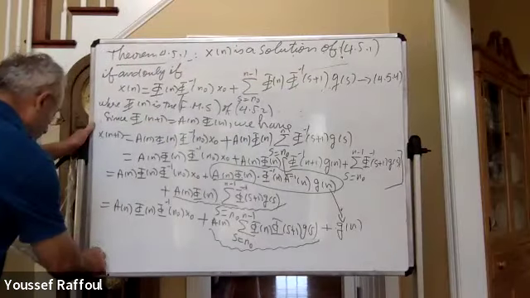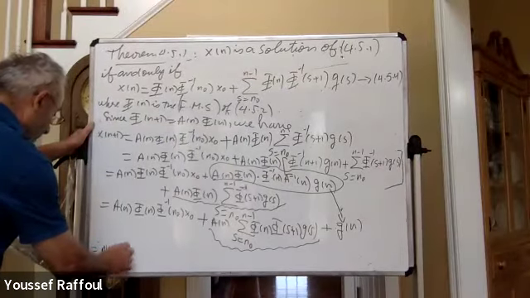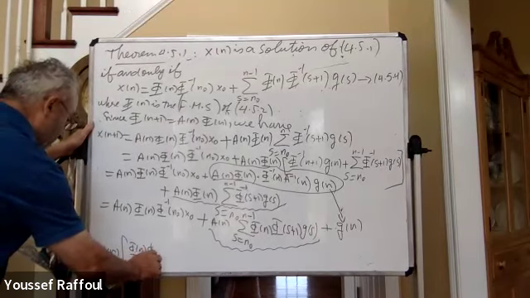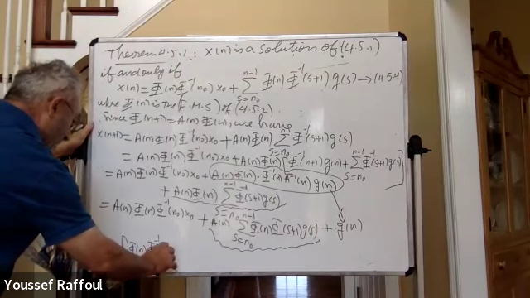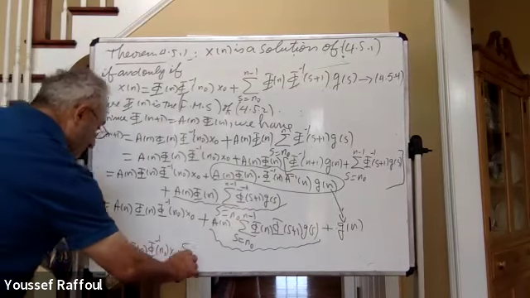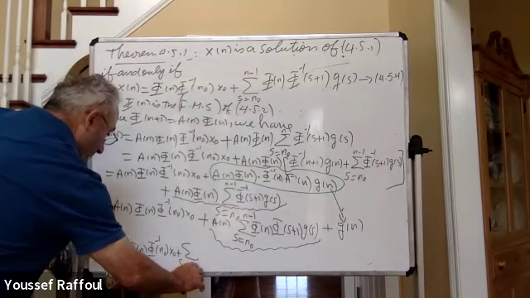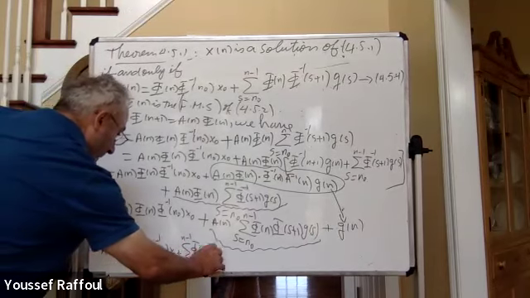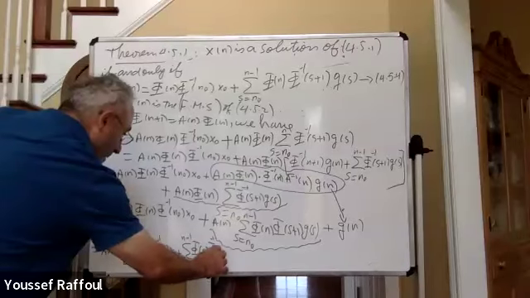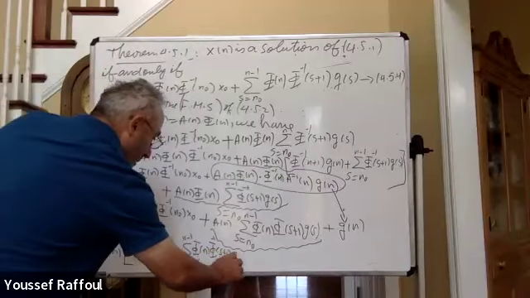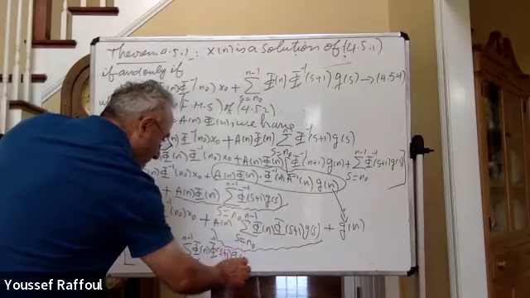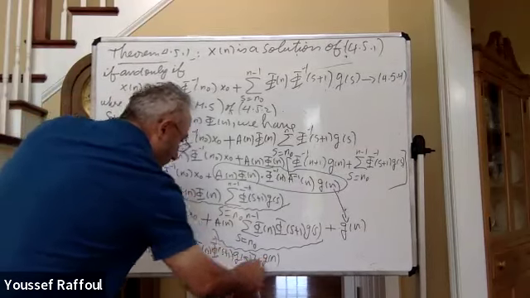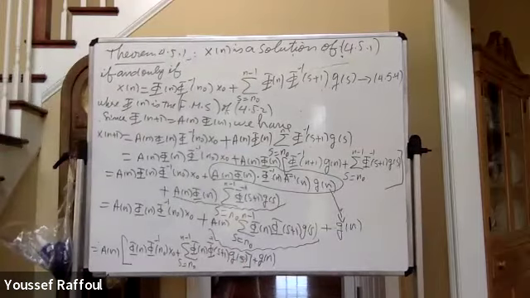So this is equal to an phi n phi inverse of n naught x naught plus summation s equal n naught to n minus 1 phi n phi inverse of s plus 1 g of s, plus g of n. Do you see it?